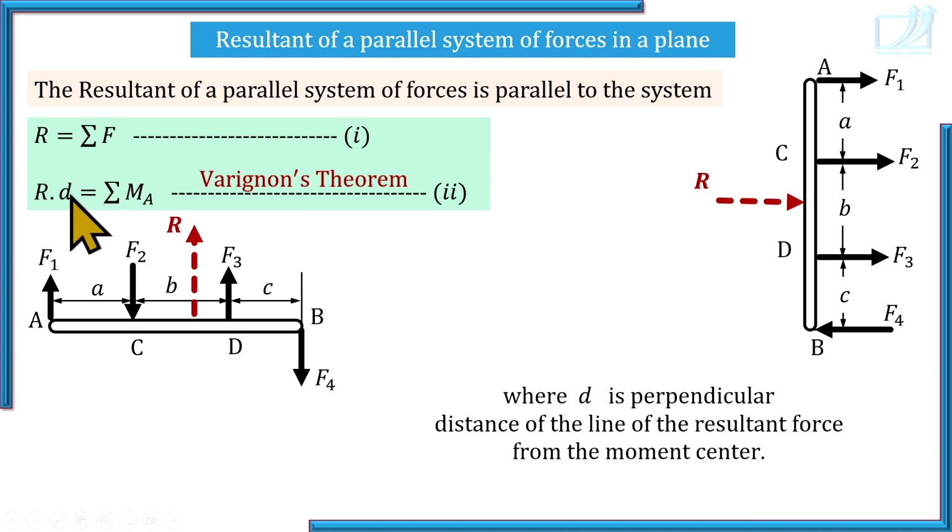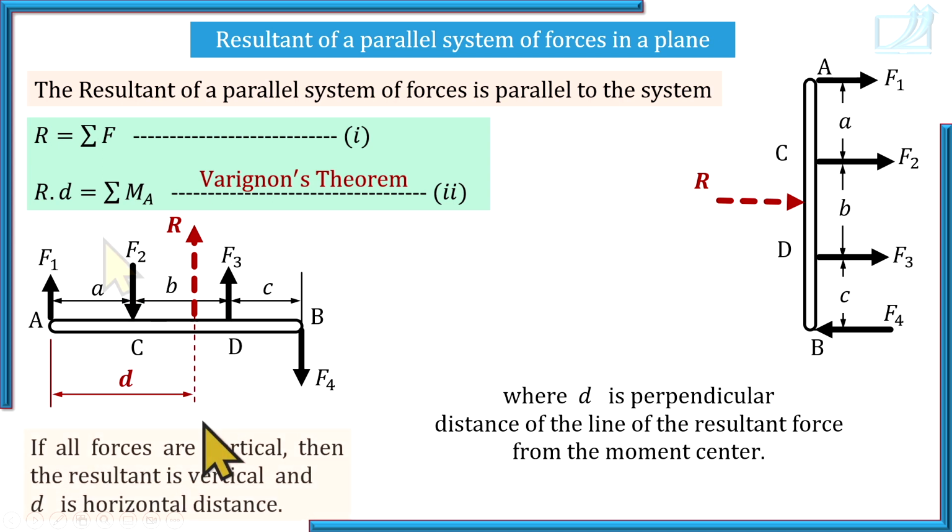So if the resultant is vertical, then d is horizontal. So if all forces are vertical, then the resultant is vertical and d is a horizontal distance.